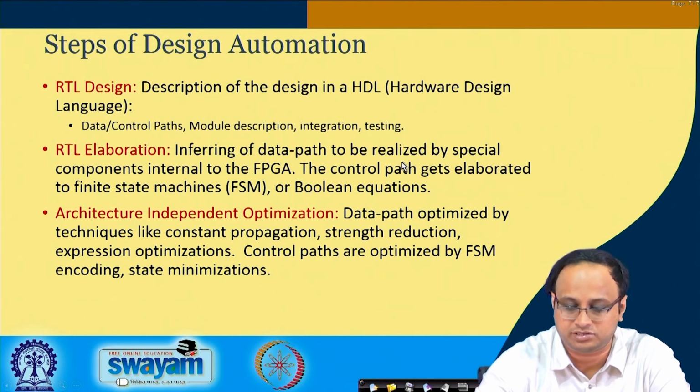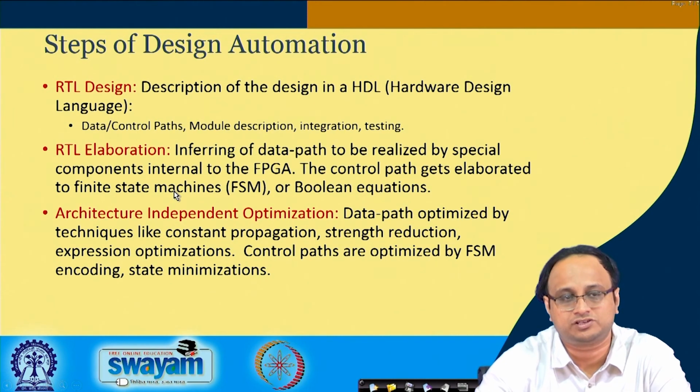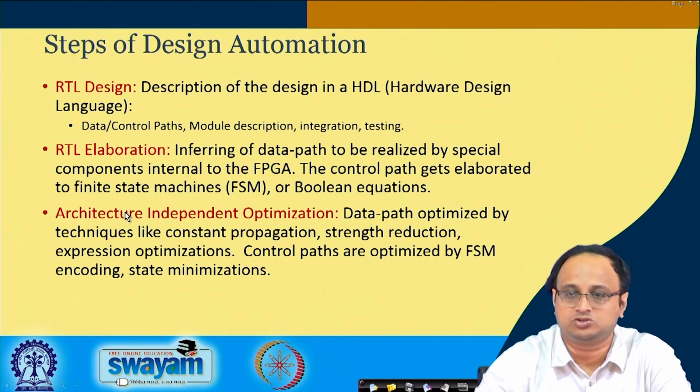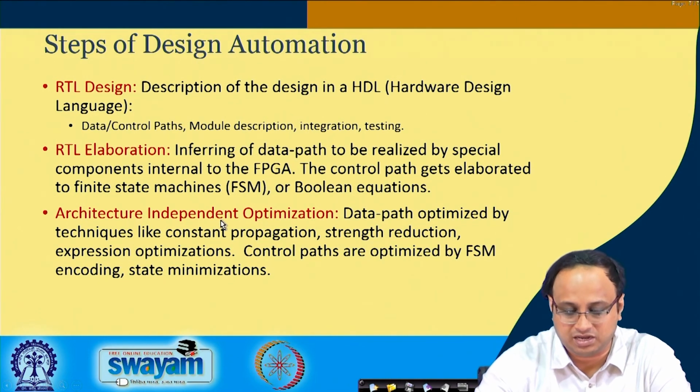The data path components are realized by special components internal to the FPGA, and the control path gets elaborated into either an FSM or some Boolean logic. Okay. There are several optimizations which are done. Some of the optimizations are architecture independent, that means they are done by usual compiler optimization techniques like constant propagation, strength reduction, expression optimizations, whereas the control paths are optimized by FSM encoding and state minimization.